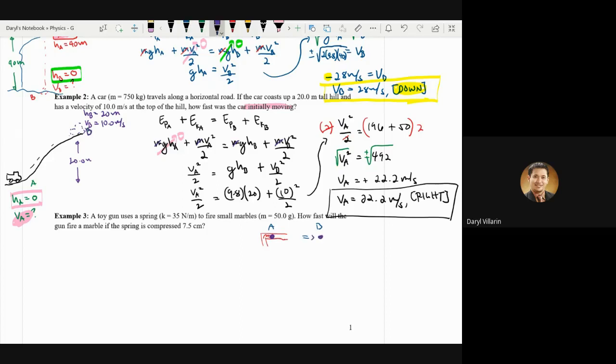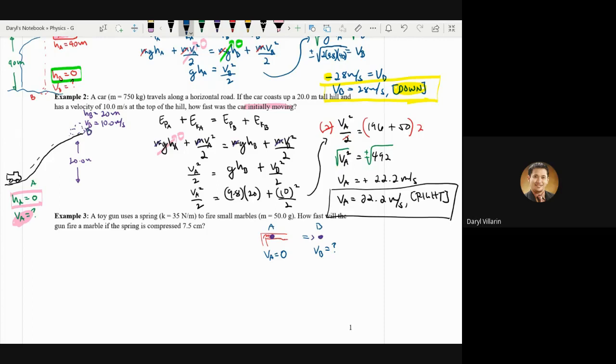Okay, so it's moving at a certain velocity. If you're going to look at this one here, V sub A is 0. It's not moving. And then V sub B would be the question mark. I don't know that.